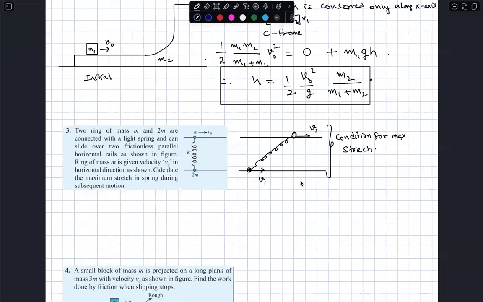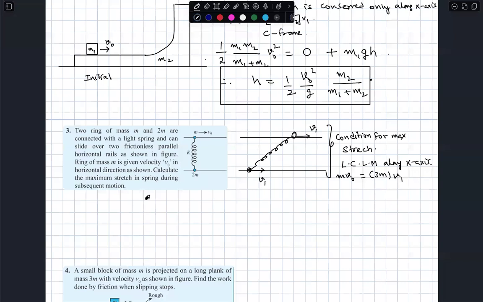I can give you the velocity during that time. You can just apply the law of conservation of linear momentum along the x-axis. In this case, m v naught is the initial momentum, and the final momentum is 3m times v1. That's all. So I have given v1.